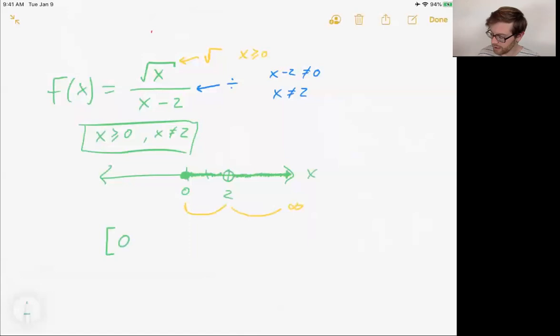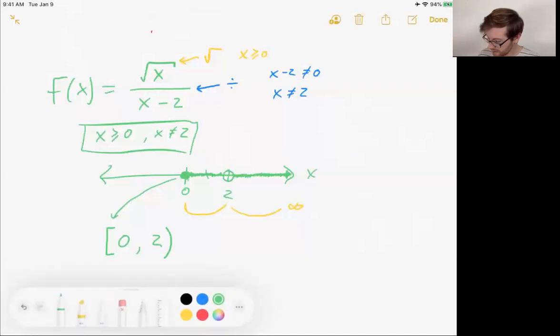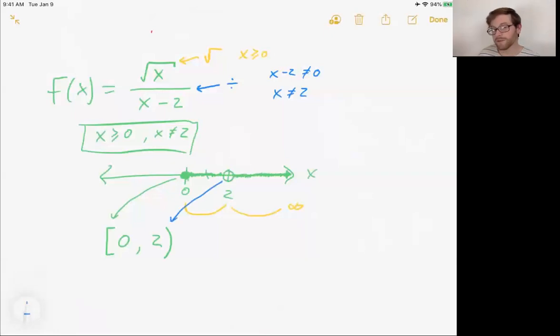This is a filled in circle, meaning 0 is included, and that's why we have a bracket there. And then we put a comma to wherever the interval stops, and it stops at 2. But we're not including 2, so I'm going to put in a parenthesis. Remember, the parenthesis means we're not including that. You can see the open circle, right? That open circle indicates that 2 is not included, and so that's why the parenthesis is there.